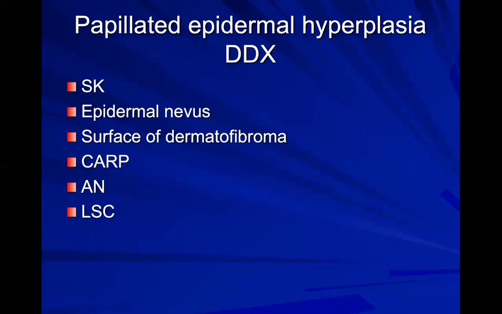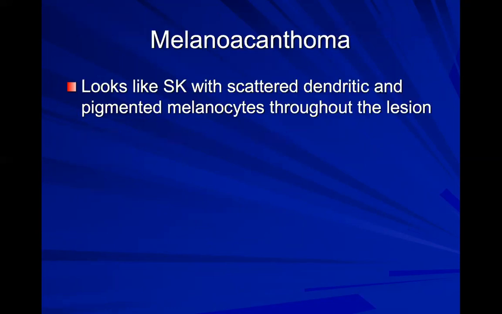Okay, so if you have papillated epidermal hyperplasia, then you have the differential that we've been alluding to: seb, epidermal nevus, surface of a dermatofibroma, confluent and reticulated papillomatosis, acanthosis nigricans, and even maybe lichen simplex chronicus, which we didn't really talk about much.